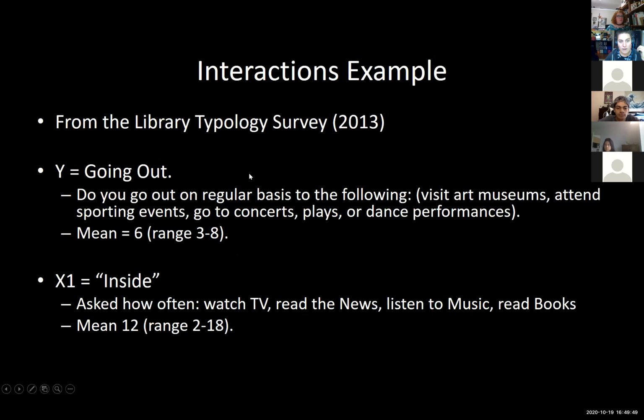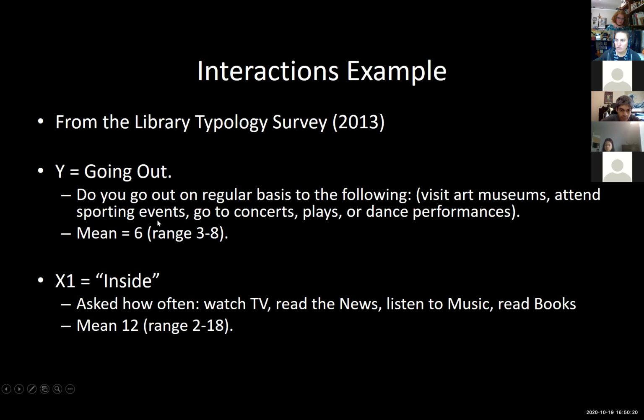I'm going to walk through an example from a survey called the Library Topology Survey. This was given in 2013. It was a big survey that they gave out to several thousand people. And they asked people this question about going out places. This is obviously pre-pandemic. It says, do you go out on a regular basis to the following places? Do you visit art museums?